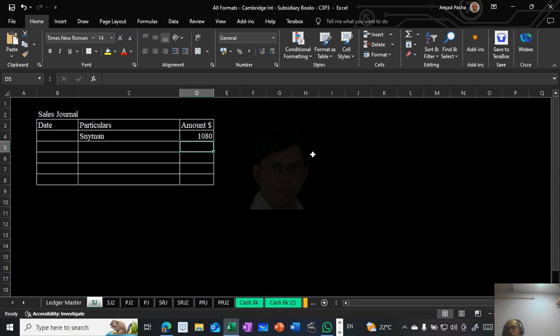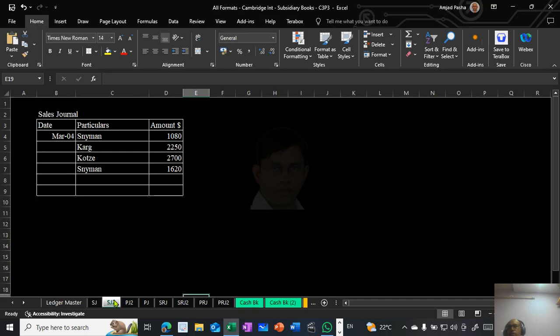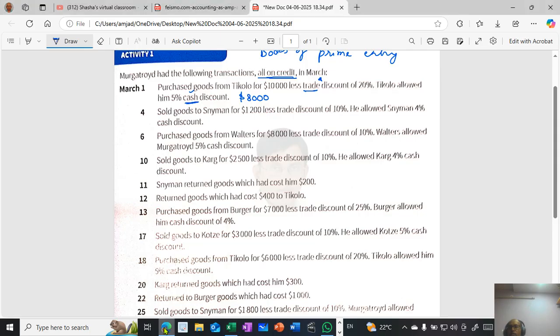So everything we have to record in each and every book respectively. So sales register will look like this. Snyman 1,080, Karg 2,250, Kodze 2,700, Snyman 1,620. So you can see, sold goods to Snyman, sold goods to Karg, sold goods to Kodze, sold goods to Snyman again.